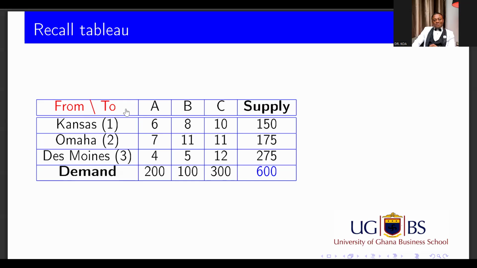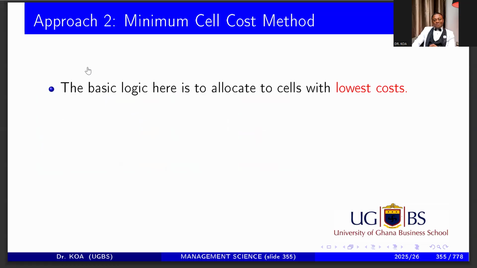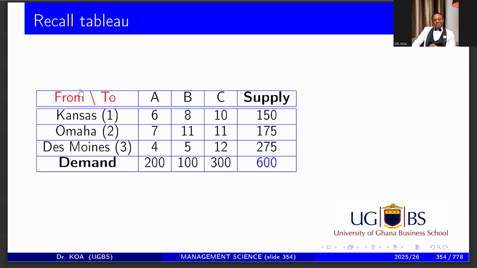Now, if you check the table carefully, which one has the lowest cost? Let me just clarify things. The one with the lowest cost, because there's a rule here.